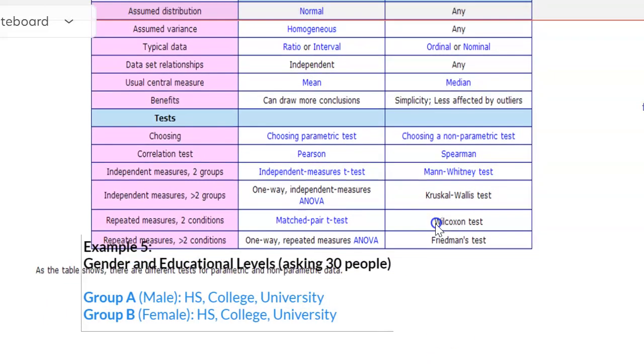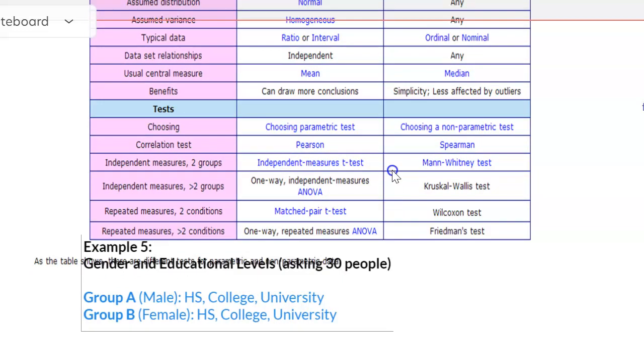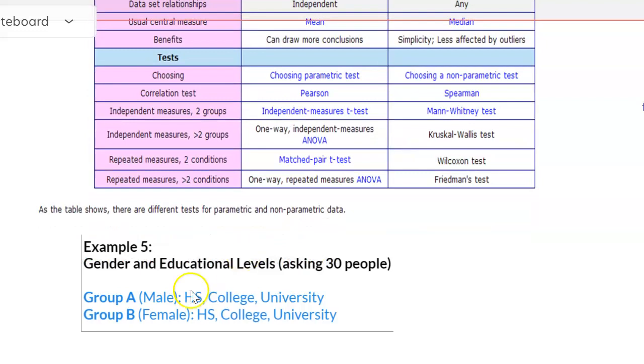This type of data, educational level, is considered ordinal because it's been ranked. High school is not as educated, college is mid-level education, university is well educated, hypothetically speaking. Because we know the type of data is ordinal, it falls under this column over here. We're going to use a non-parametric test. A non-parametric test means that they use qualitative data.